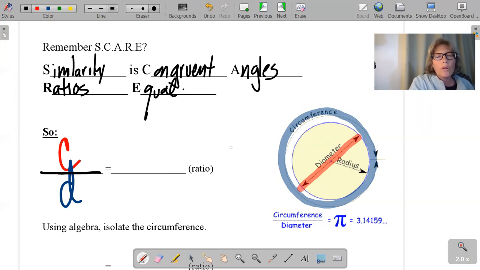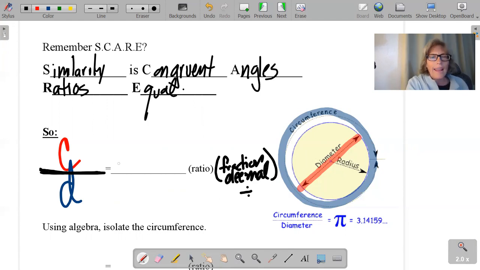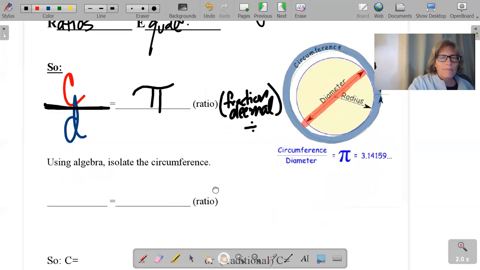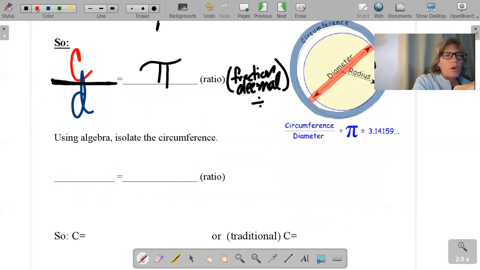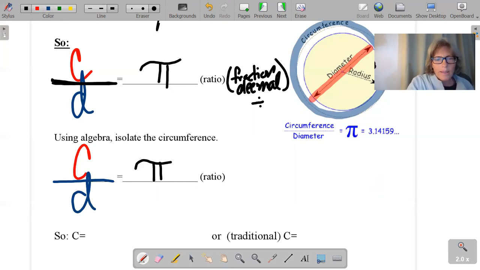And that ratio, remember, ratio means fraction, decimal, a comparison by division, ultimately. Because it's so special, we give it a unique symbol, the Greek letter pi. So we know this: the circumference divided by the diameter equals pi.